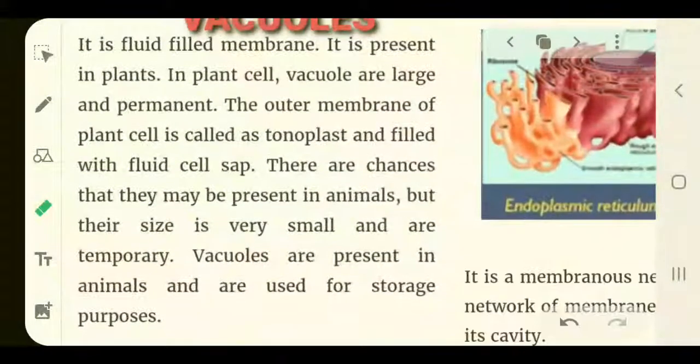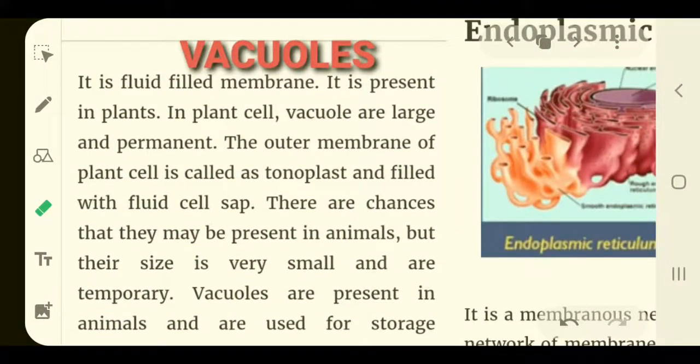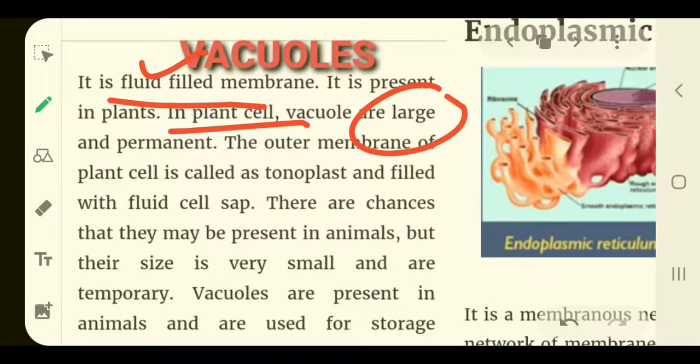Then the next one that we are going to study is vacuoles. I have told you they are fluid filled, and they are present in plants and are very large in size, while in animals they are smaller. The outer membrane of the vacuole in a plant cell is called tonoplast, write it down, and it is filled with cell sap.